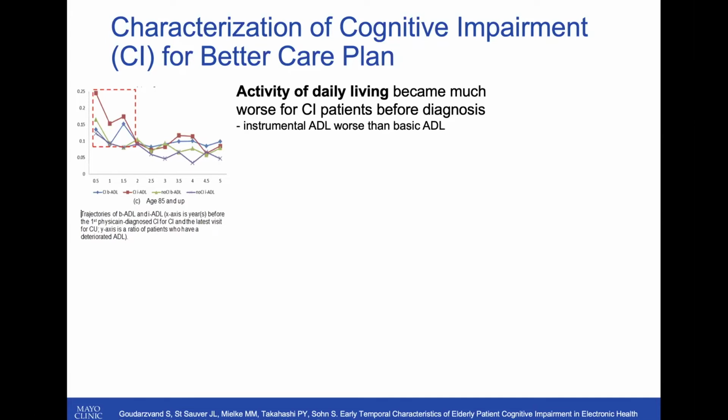So we looked at the instrumental area, which is related to the cognition, and the basic area. This is more related to physical functions. And this instrumental area is actually worse than the basic area when you look at the patient's overall temporal trend. So this happens even before the clinical diagnosis of mild cognitive impairment and dementia.